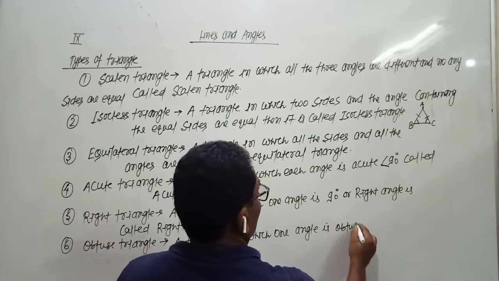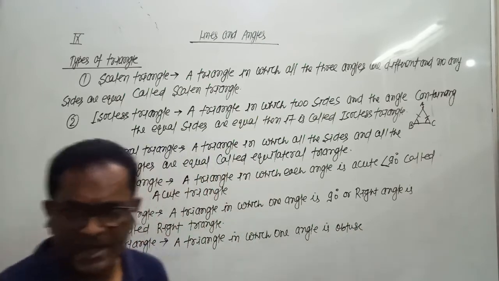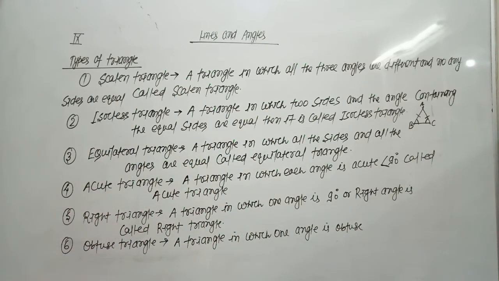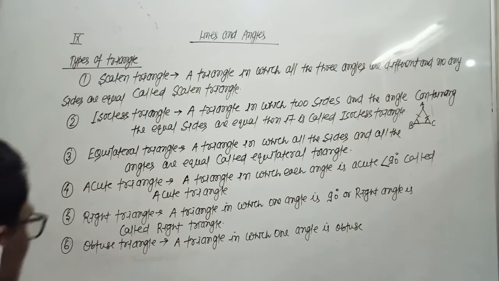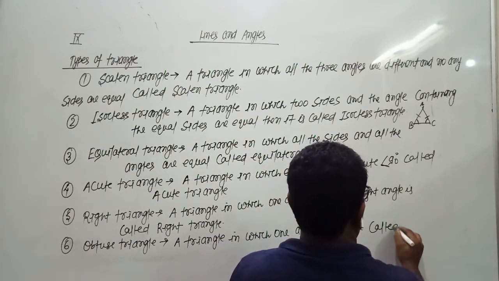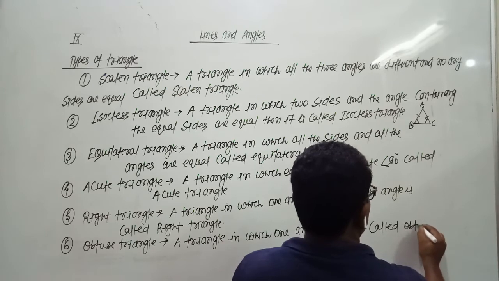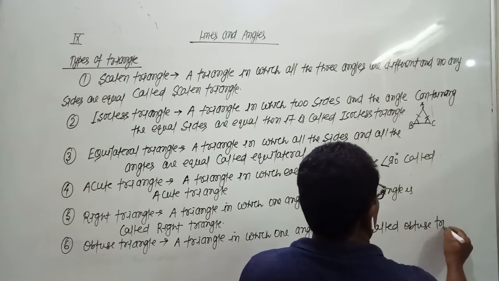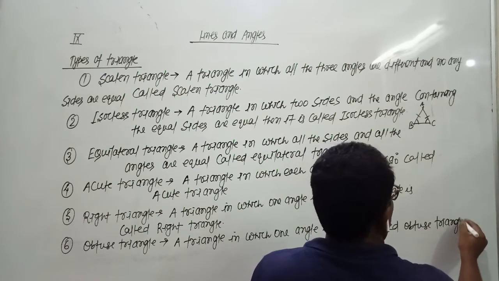Obtuse means more than 90 degrees but less than 180 degrees. A triangle in which one angle is obtuse is called an obtuse triangle. These are the types of triangle.